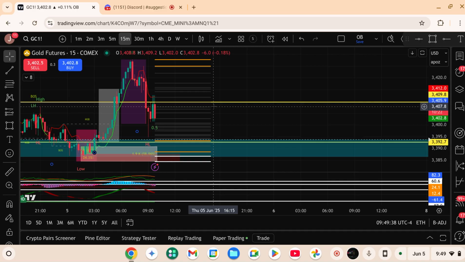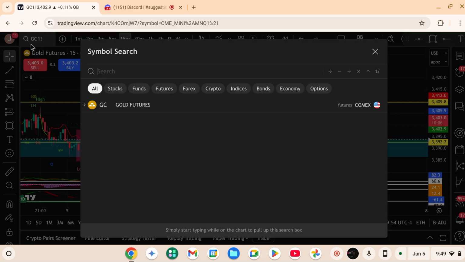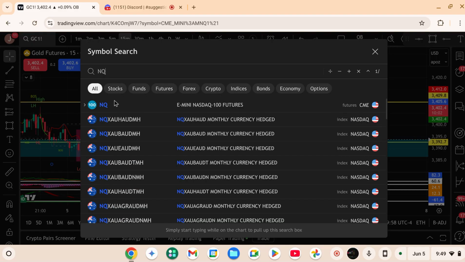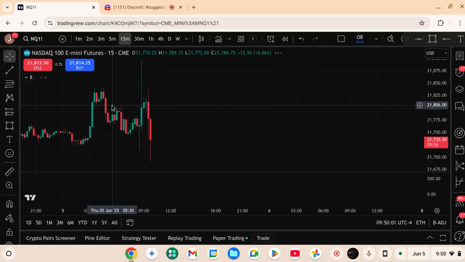I'll just wait and come back tomorrow if we don't get a retest of this area or a break above this area. I'm not forcing anything. And that goes for everything that I just charted out, like NQ, ES, crude oil, and YM.